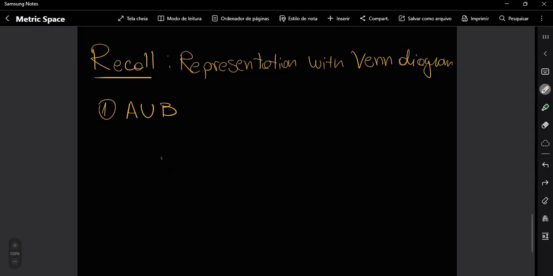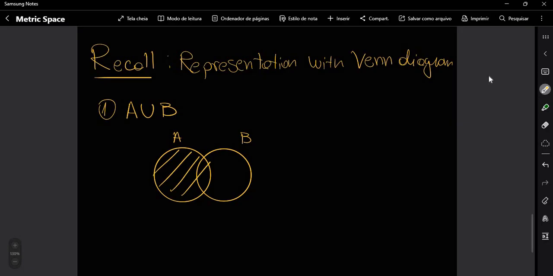A set A in a union with a set B. And we have to fill in the two sets this way. So this is a diagram representation.